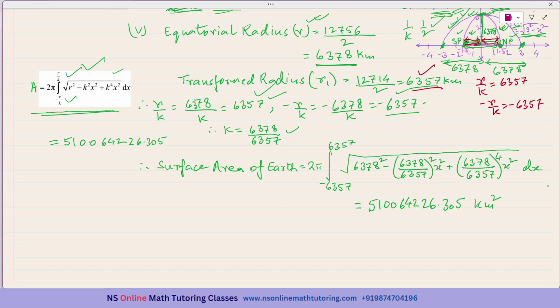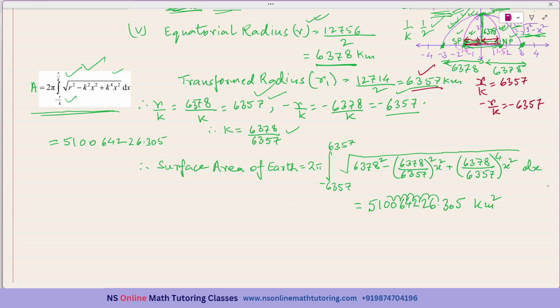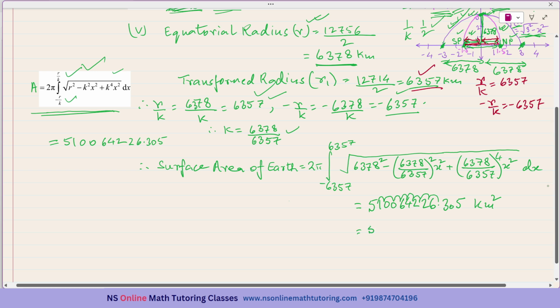So it is 5.101 times 10 to the power of 8 kilometers square. This will be the answer.